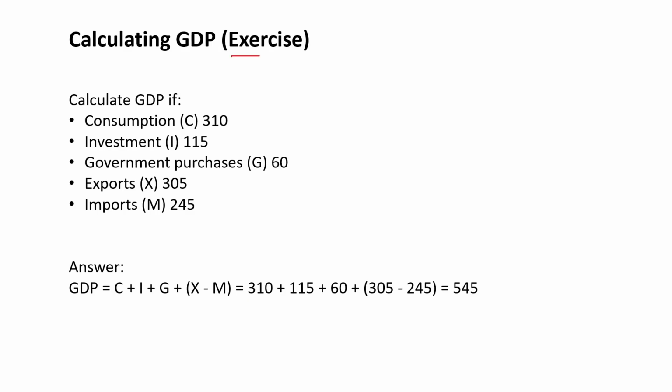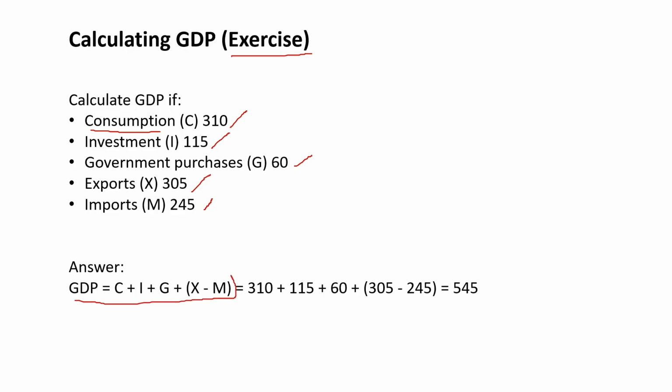Let's look at this exercise. They want us to calculate the GDP. Calculate GDP if consumption equals 310, investment 115, government purchases 60, export 305, import 245. Remember, before you answer, write the formula.